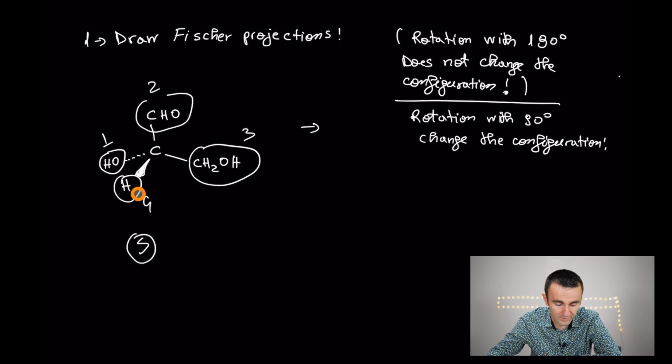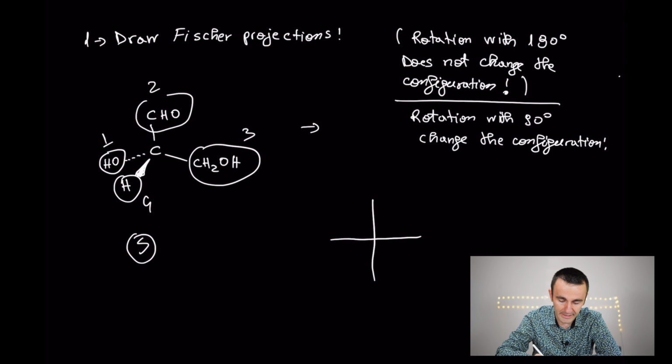Okay, now this is S. Now you have to draw the Fischer projection. Just make a plus, and it is advisable to place the hydrogen horizontally.